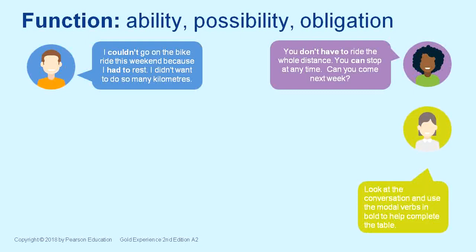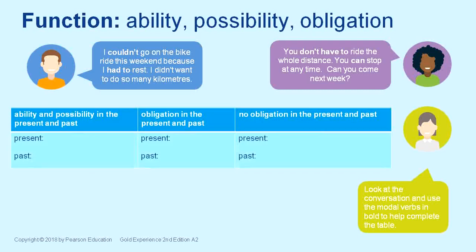Look at the conversation and use the modal verbs in bold to help complete this table. When we talk about ability and possibility in the present and past, we use can or can't and could, couldn't.